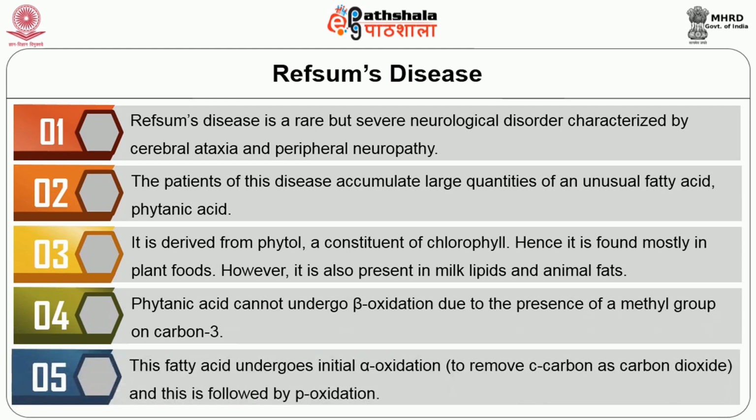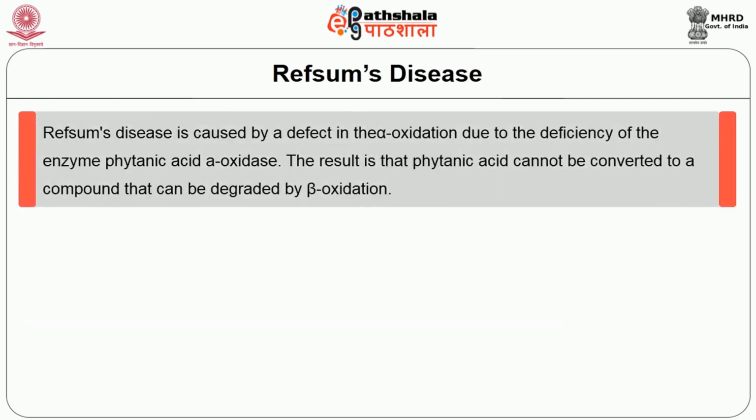This fatty acid undergoes initial alpha oxidation to remove the carbon as carbon dioxide, and this is followed by beta oxidation. Refsum's disease is caused by a defect in the alpha oxidation due to the deficiency of the enzyme phytanic acid alpha oxidase. The result is that phytanic acid cannot be converted to a compound that can be degraded by beta oxidation.